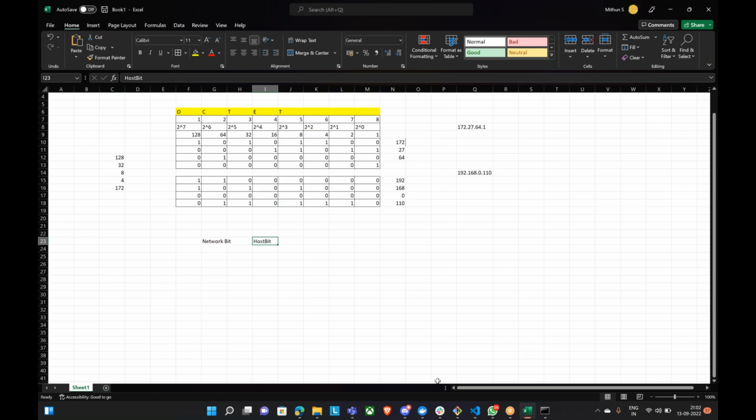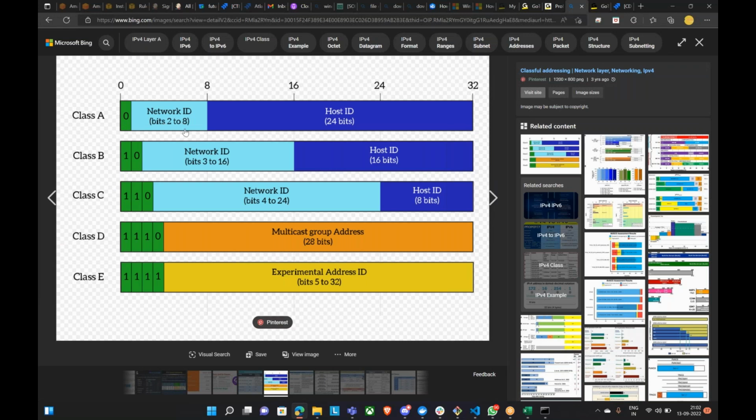So coming back to the diagram, see the network ID or the network bit. By looking at the network ID, the sending host or server will come to know what my destination is, I mean, where I have to send the packets.